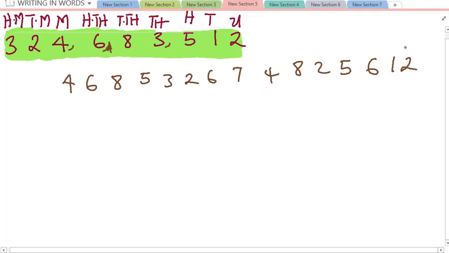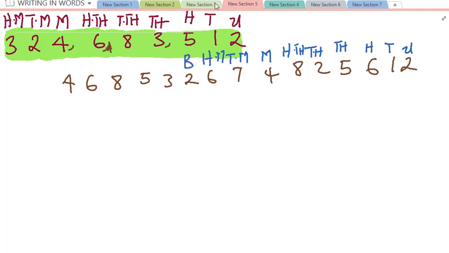So we know that this is unit, right? Unit, tenth, hundredth, thousand, tenth of thousand, hundredth of thousand, million, tenth of million, hundredth of million, billion.